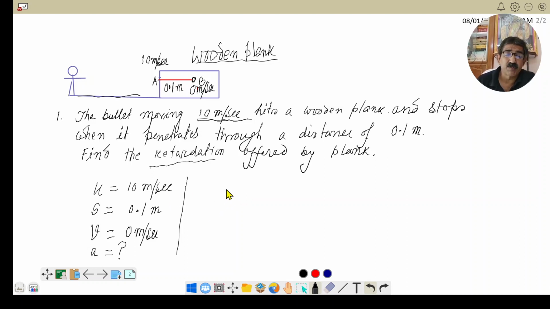In this case, the appropriate formula will be: V square is equal to U square minus twice AS. This is the formula. V is equal to 0. So 0 square is equal to 10 square minus 2 into A into S, which is 0.1.